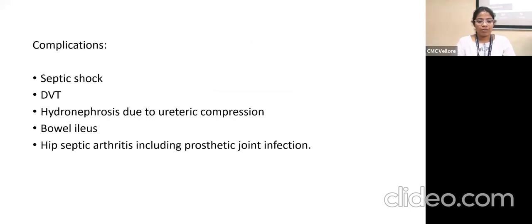A right psoas abscess is an emergent condition. We have to do emergency management because of the risk of sepsis. They can also present with DVT because of pain; they're usually immobile and can present with DVT. The abscess as such can compress the ureter, causing hydronephrosis. They can also spread to the hip, causing septic arthritis.